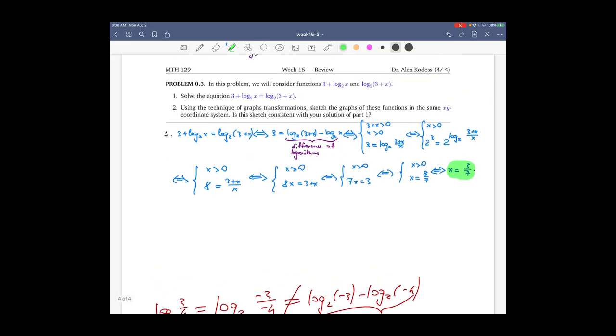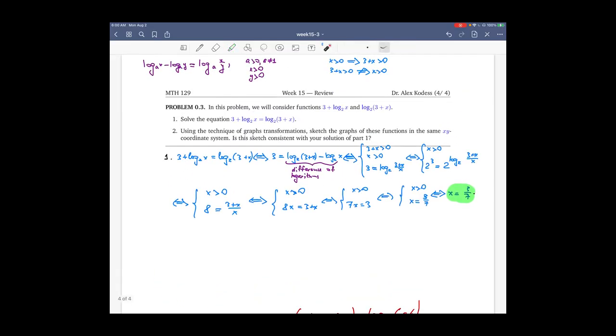Now, in the second part, we're asked to sketch both functions and understand if our sketch is consistent with what we just found. We found that the two curves, the two graphs, intersect at the point whose x-coordinate is 3/7. All right, so what do we know about these two graphs?